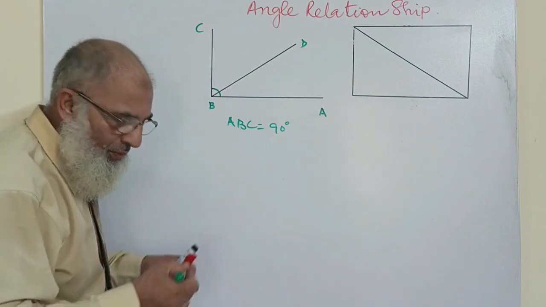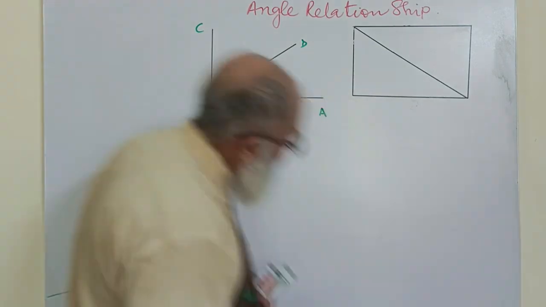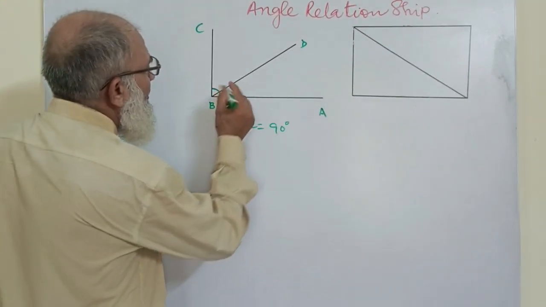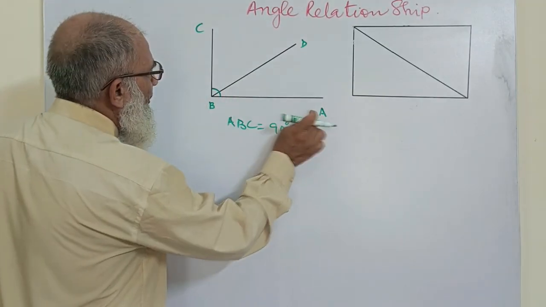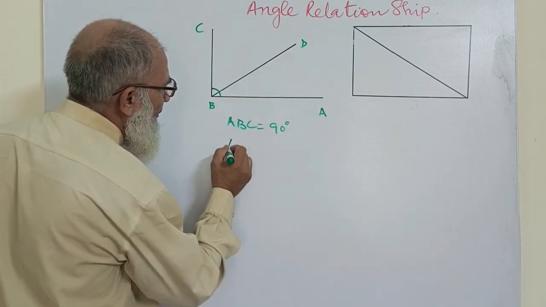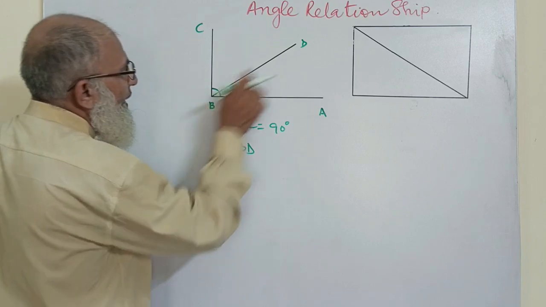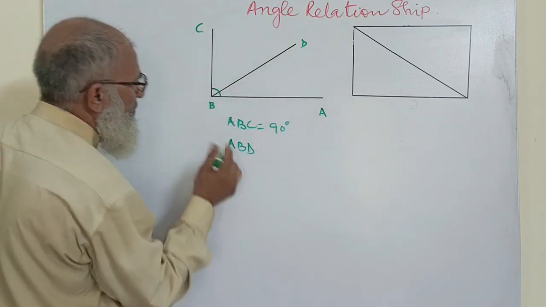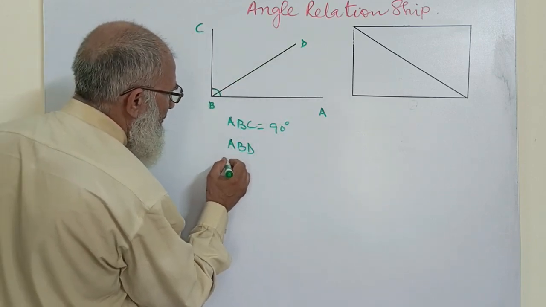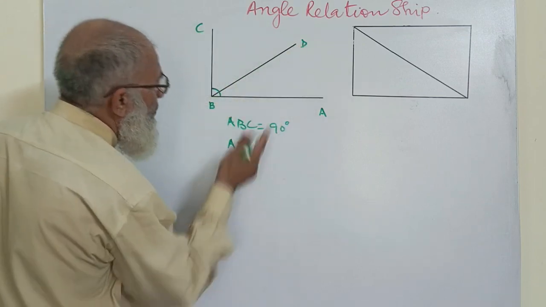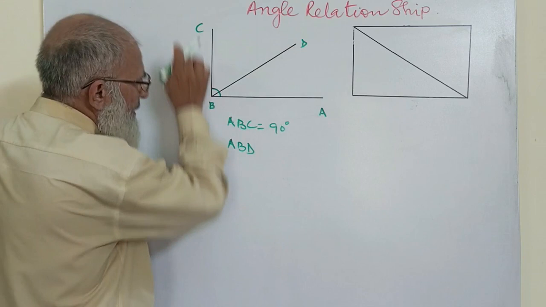Now you see that there are in fact two other angles, this one and this one. Angle ABD and angle DBC, or you can say CBD, whatsoever you want.